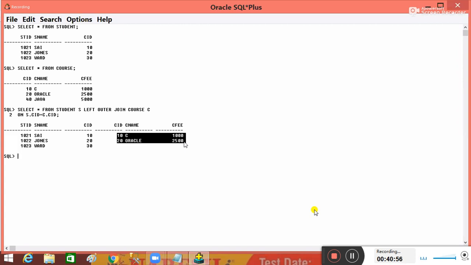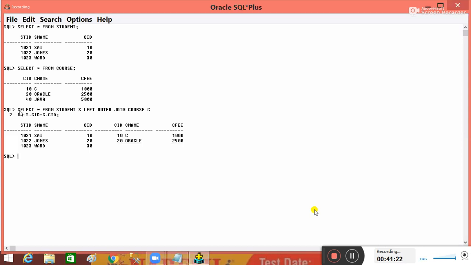So for the right side unmatching rows, what does it take by default? Yes, by default it takes nulls.